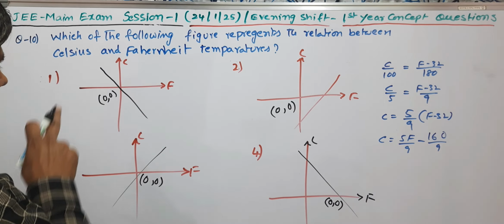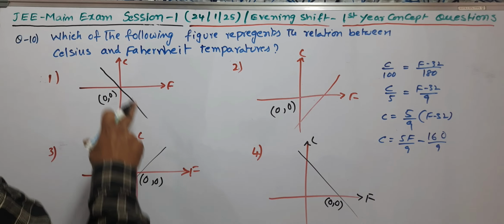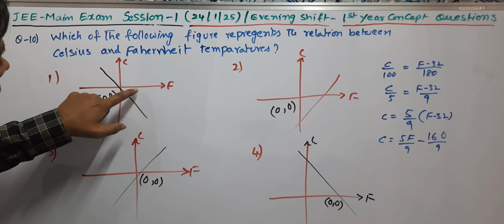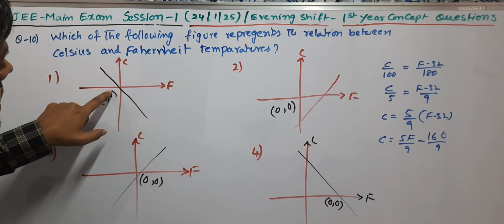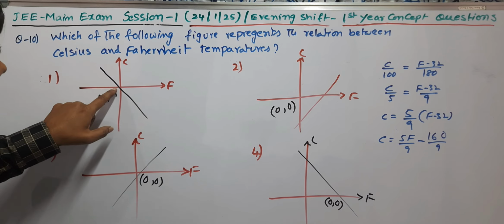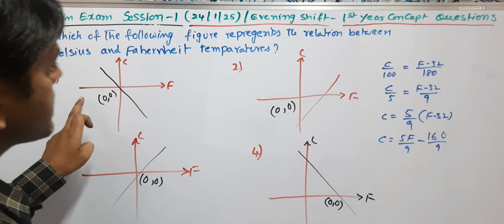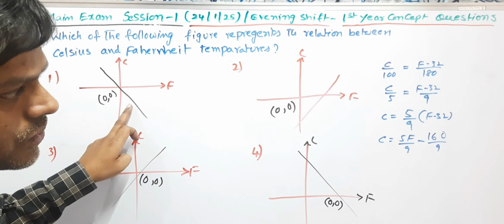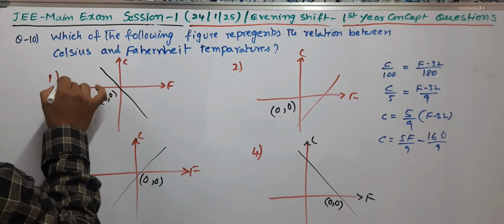So among the given figures, this C and F, this is an origin, but here the Fahrenheit scale is taken as completely negative, while taken as F is equal to negative, C does not give the value of negative, it is completely positive, isn't it? So it is not correct.